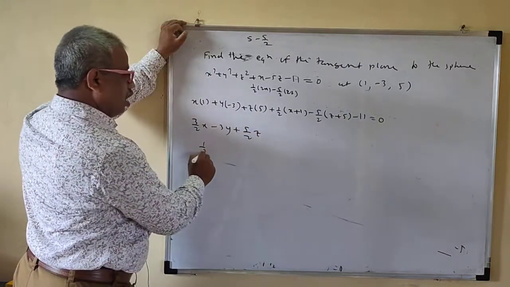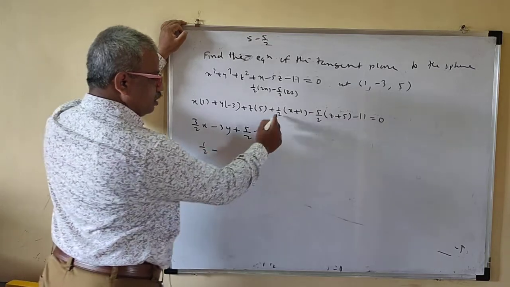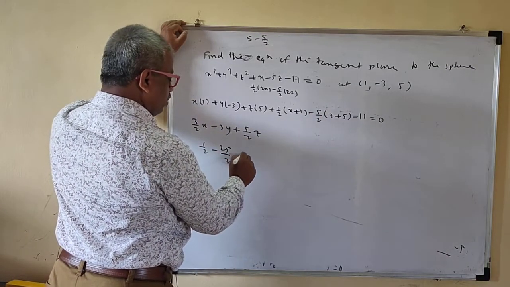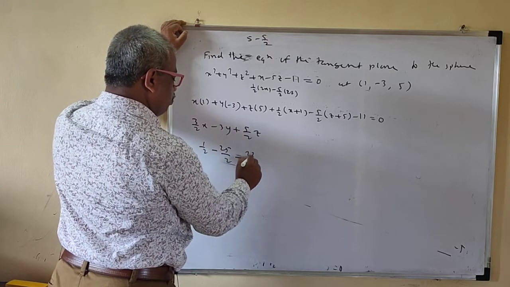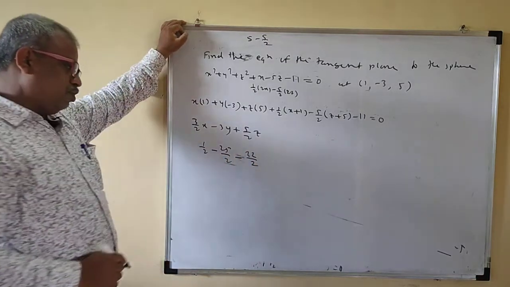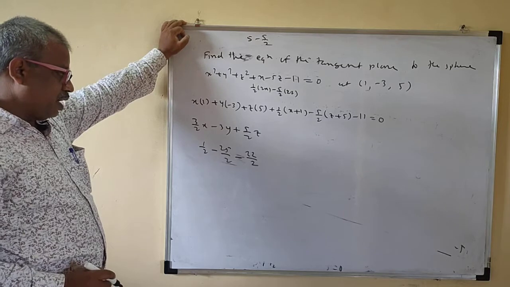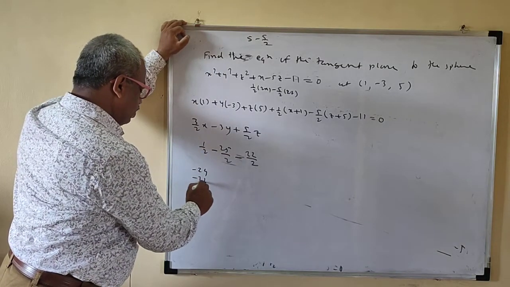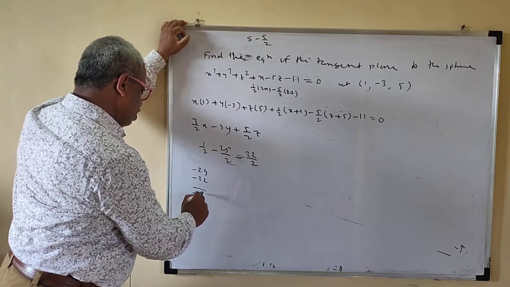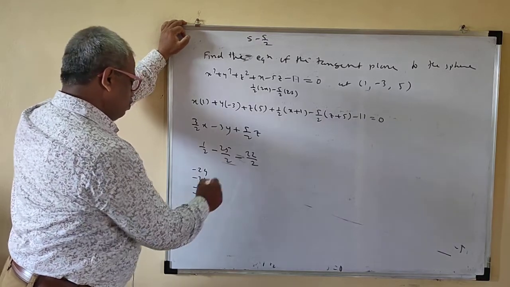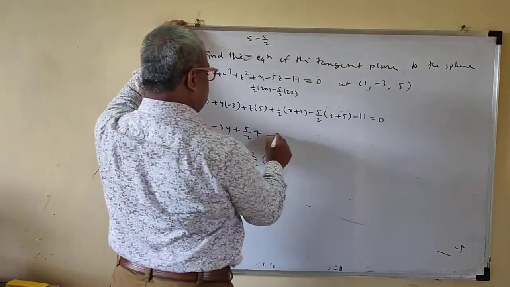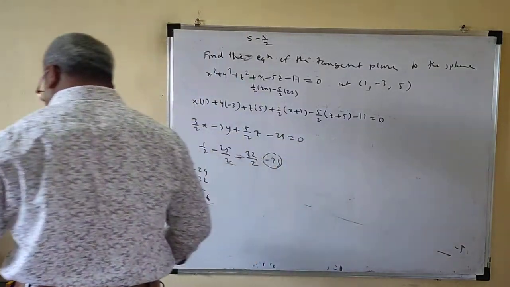So this is half minus 25 by 2, and this is minus 11, so minus 11 means minus 22 by 2. So this is 1 minus 25 minus 22, that is minus 46 by 2, so that is minus 23. So this is minus 23 is equal to 0.